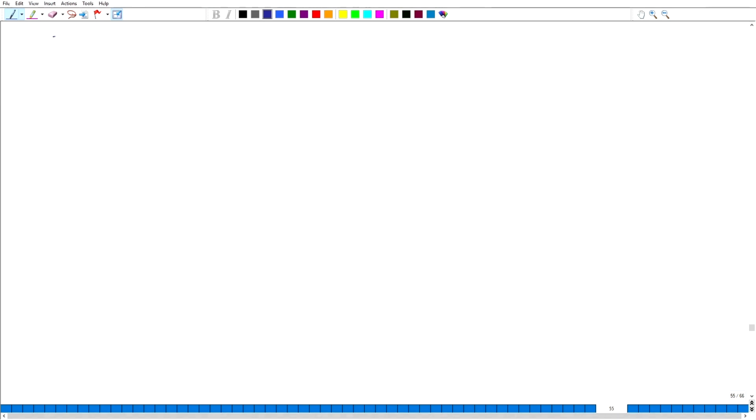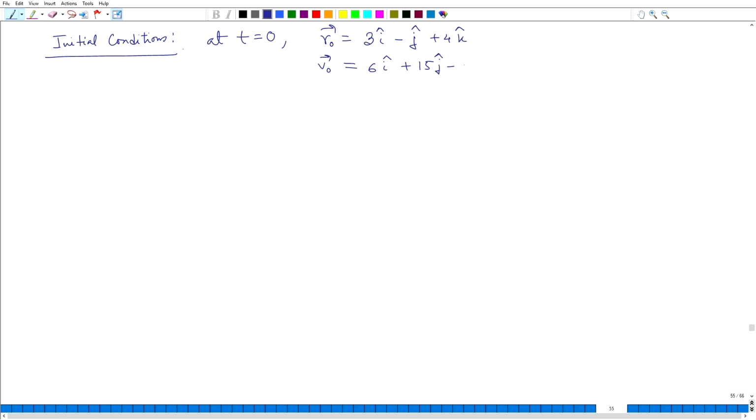We have set the initial conditions at t equal to 0: the particle is at r 0, which is equal to 3 i minus j plus 4 k, and it has a velocity v 0 at t equal to 0, of course, which is equal to 6 i cap plus 15 j cap minus 8 k cap. Okay.